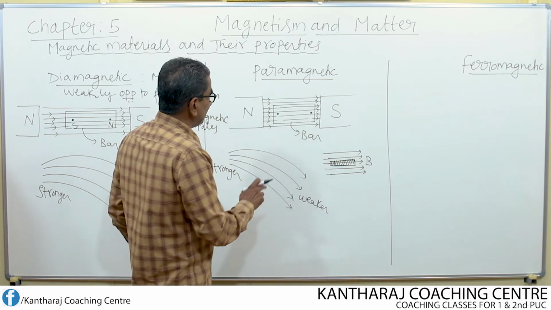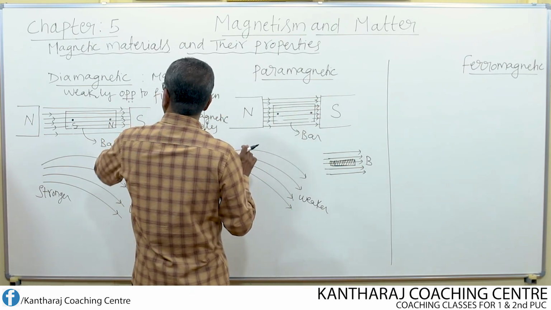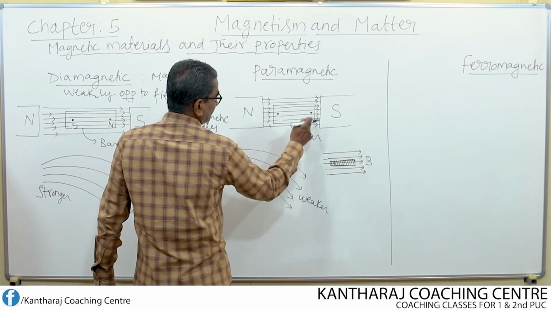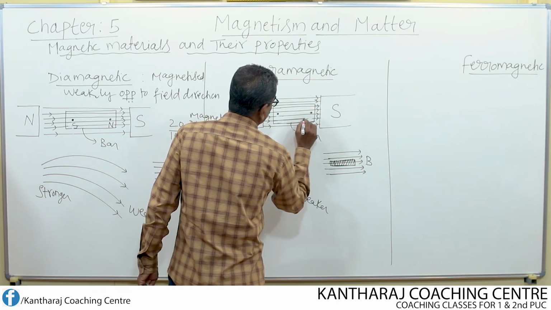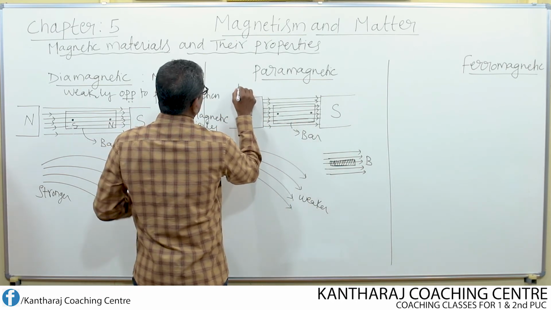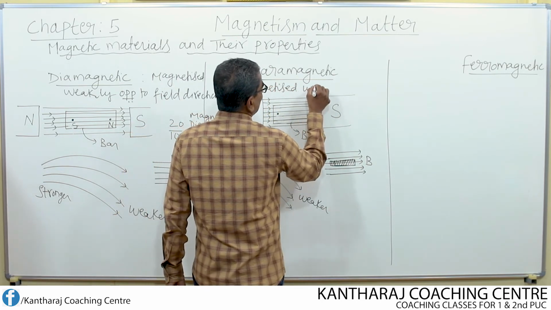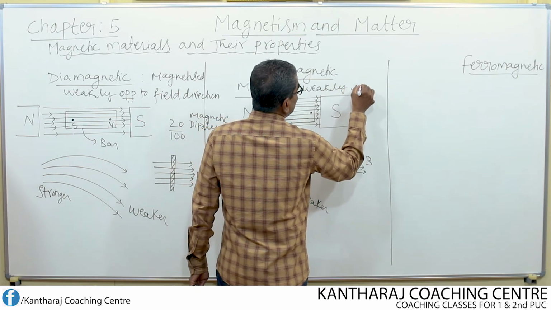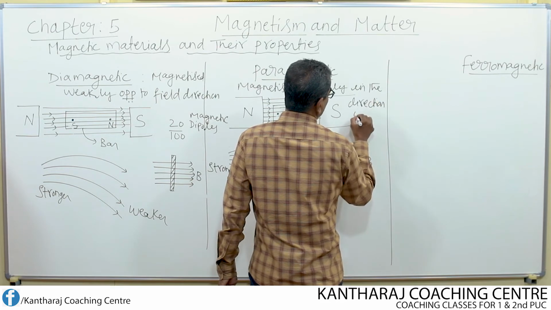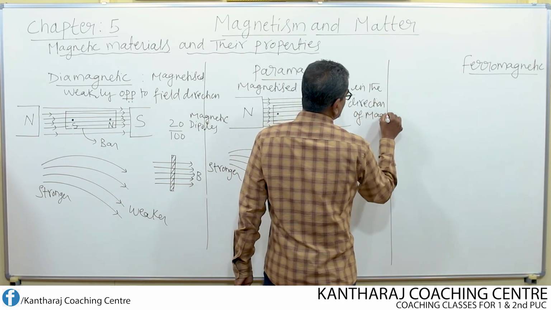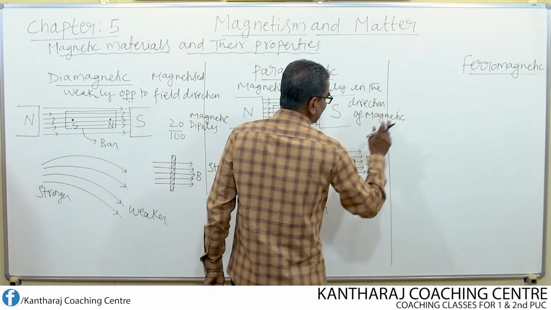If any magnetic material or magnetic bar is kept in a uniform magnetic field, now suppose it gets magnetized weakly, once again this also gets magnetized weakly in the direction of the magnetic field. Here it is magnetized opposite to field direction, here in the direction of the magnetic field.